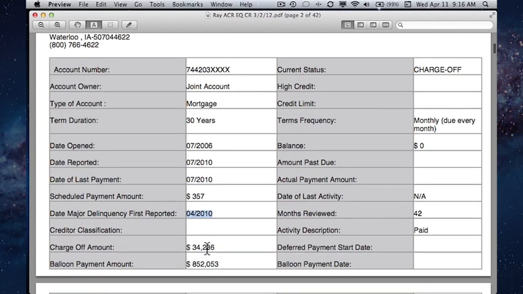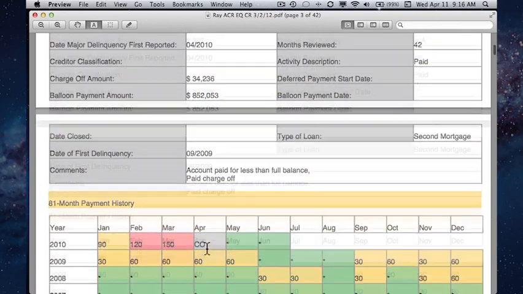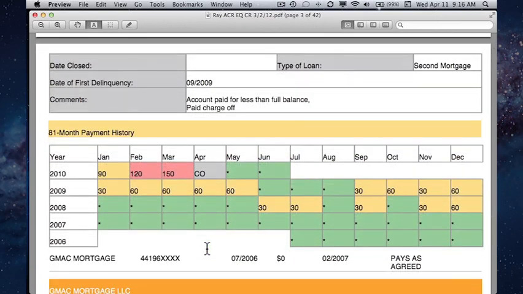Now, every single account is going to have all of this information. Equifax is very good about laying out a great deal of information in a reasonably well-designed way. Now, you'll notice here that what is in red are your 120 days and 150-day lates.